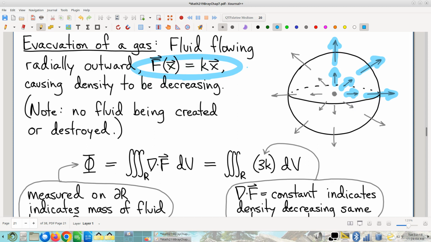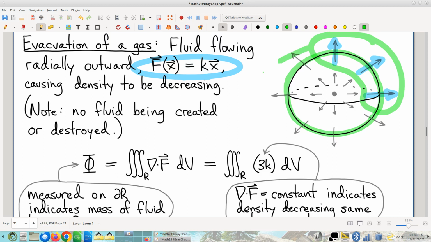So now, how do we interpret that? Well, a couple of things we can interpret from this. On the one hand, as that gas expands, I can think about the amount of flux, right? And you can see it happening right there. You can see our fluid is flowing out of our surface. So there is a flux. Fluid is passing through the surface.